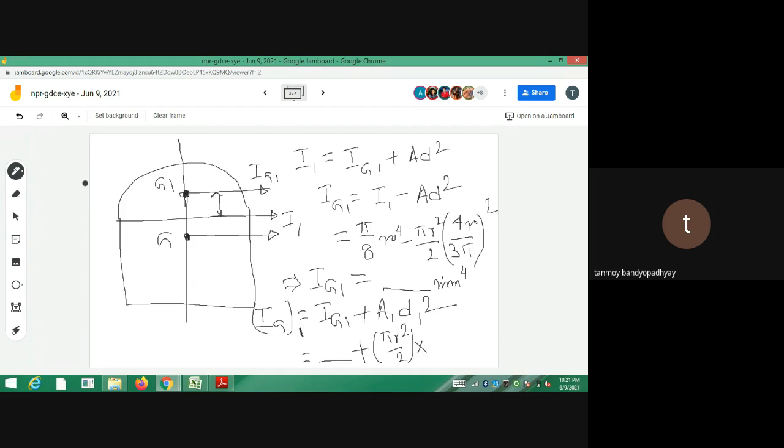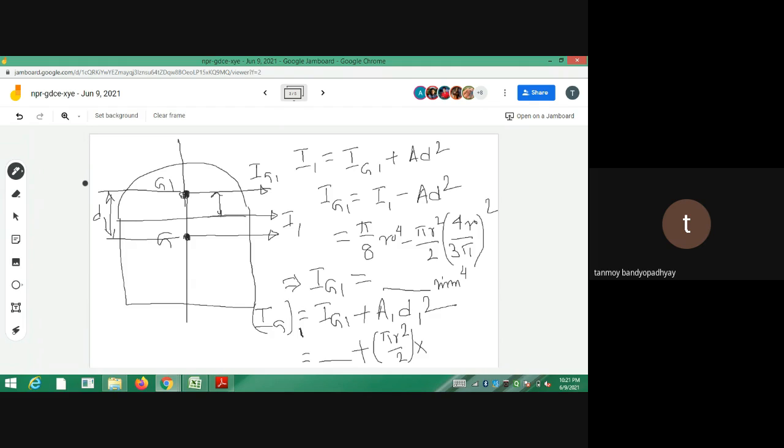Now what will be D1? D1 is the distance from G1 to G. How do we calculate D1? Look at this distance.